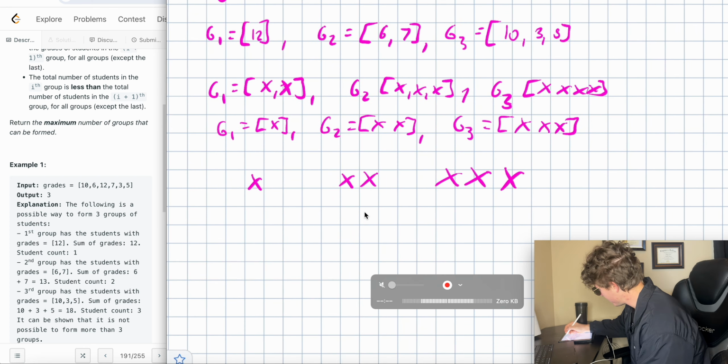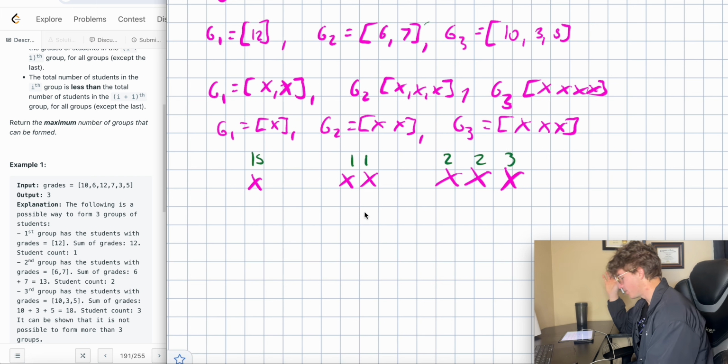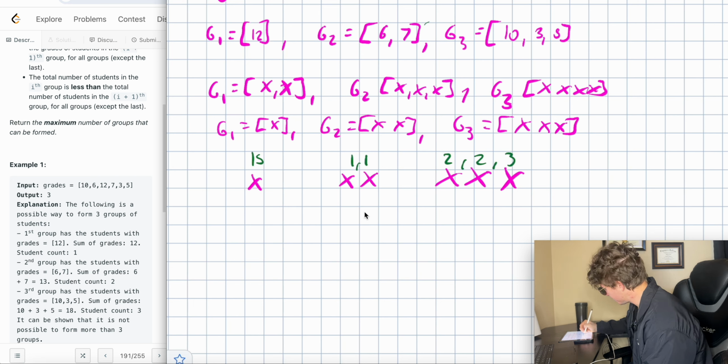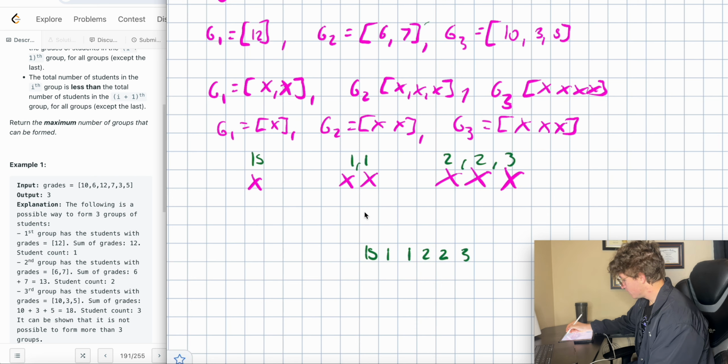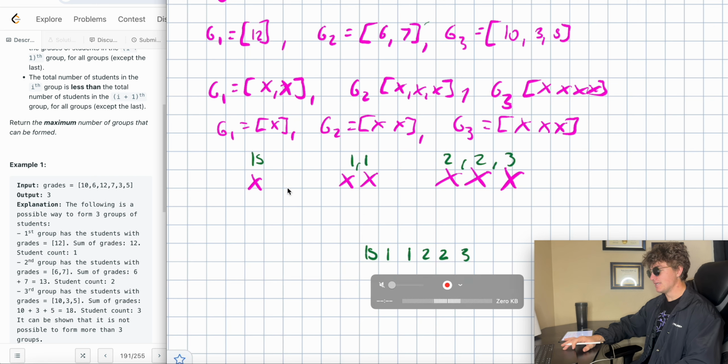If you had 5 elements like 1, 1, 2, 2, 3, when you're given that initially in an array, it would look like this. You might say, okay, I'll split them up in groups to maximize the number of groups that I can make. So this would be the maximum orientation, but it doesn't meet the first condition.